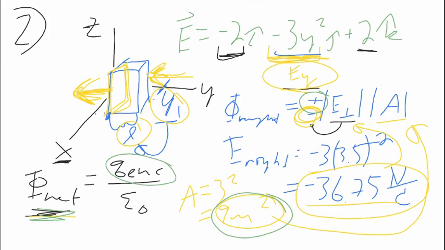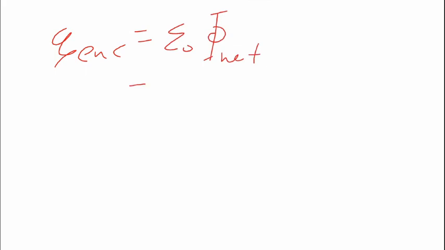So rearranging this equation, I'll have Q enclosed equals, actually, I'm going to do this in a different order, epsilon naught times the net flux. And our net flux is just going to be the sum of the fluxes that have a component of the electric field that is non-constant.